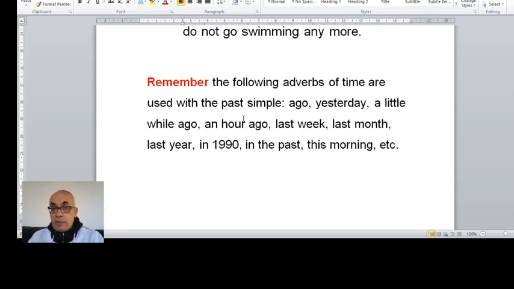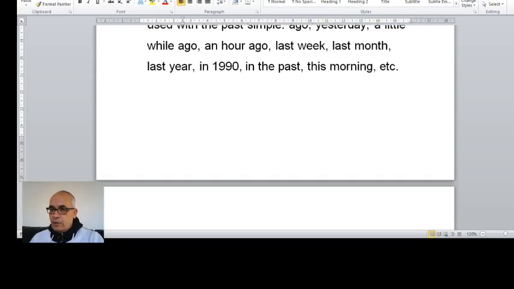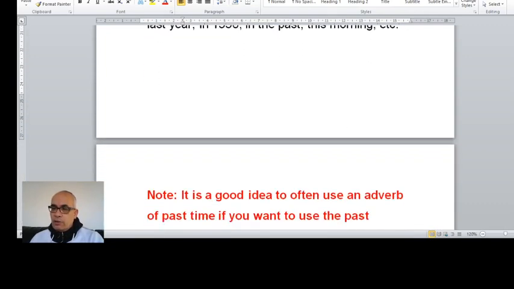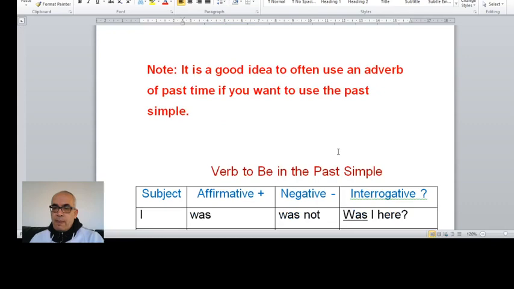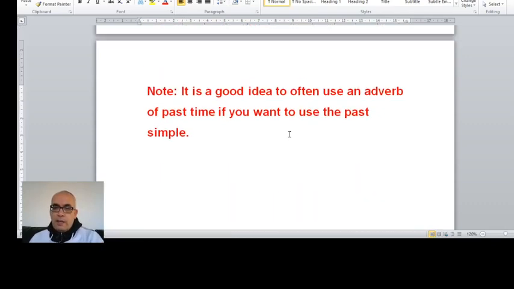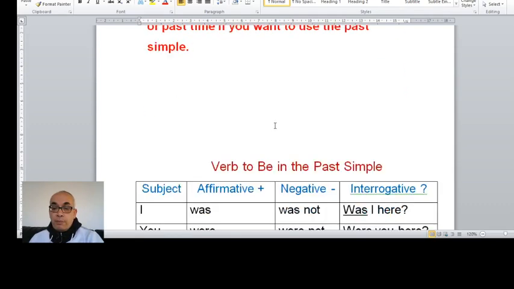We call them times, or adverbs of time. Some grammar books call them time indicators, or let's just say time. It's easy. Now let's look at this sentence, and I again repeat, it's a good idea to often use, it is most of the time, an adverb of past time if you want to use the past simple.